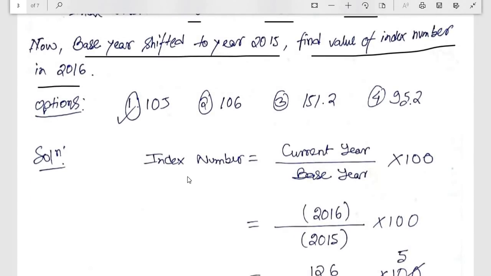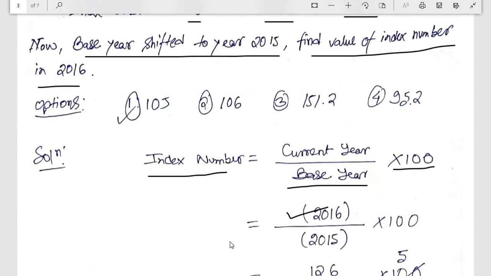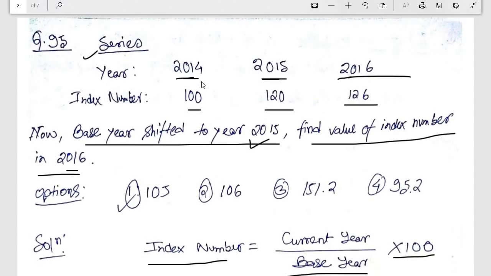So the formula we know is index number is equal to current year divided by base year multiplied by 100, right? So the current year here is 2016, and the base year is shifted to 2015, so 2015 will be the denominator, into 100.